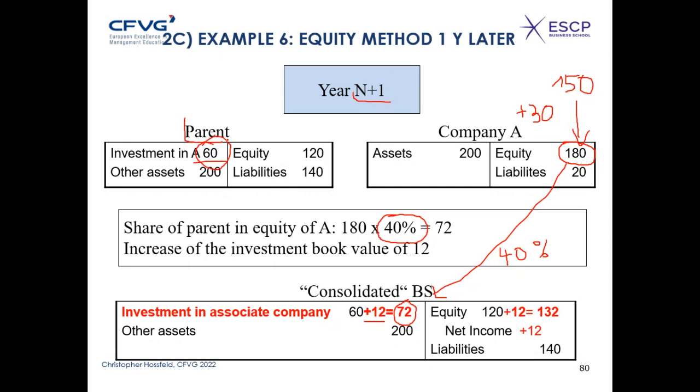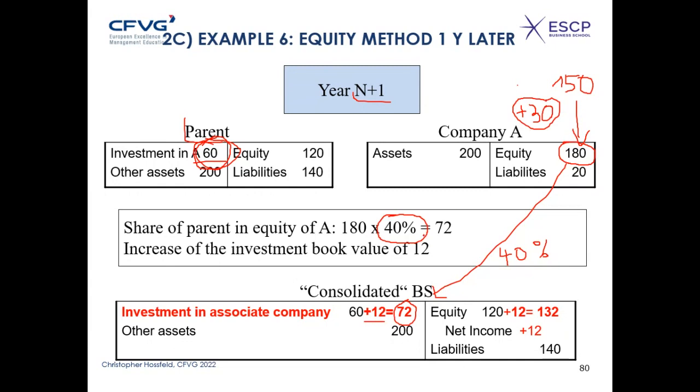Well, I know that because my investment book value did not change. So I'm still having 60. If I had purchased additional shares, my investment book value would not be 60 anymore. It would be 60 plus the purchase price of the new shares. Okay, so here company A did not issue new shares. Therefore the plus 30 is profit.